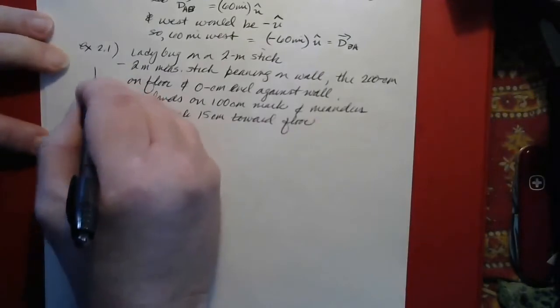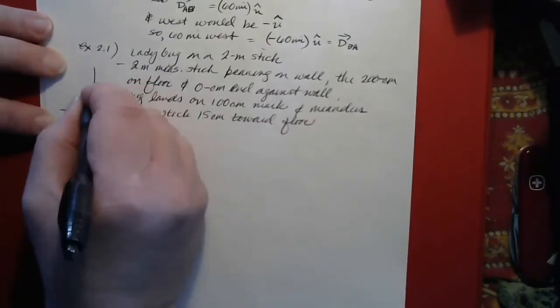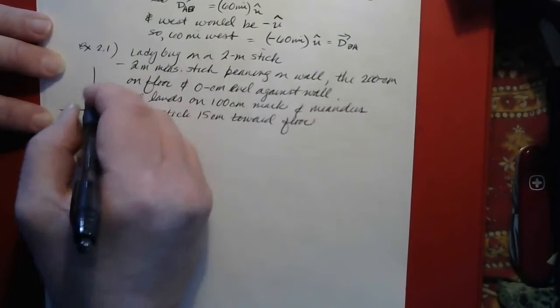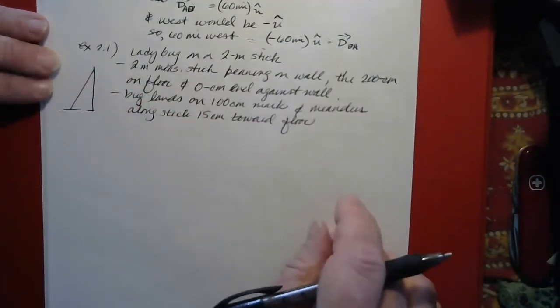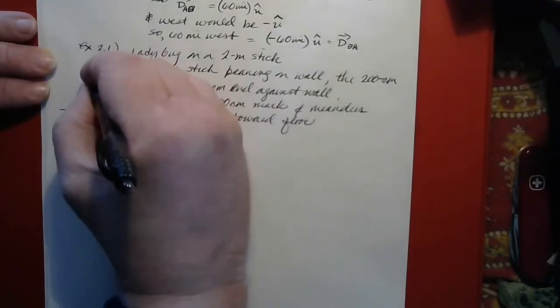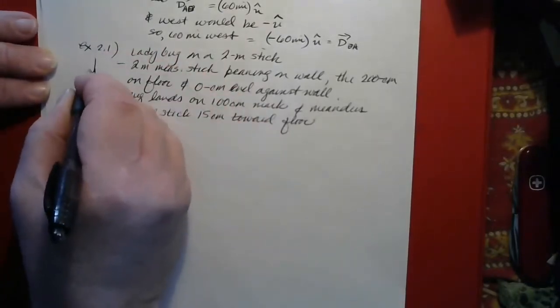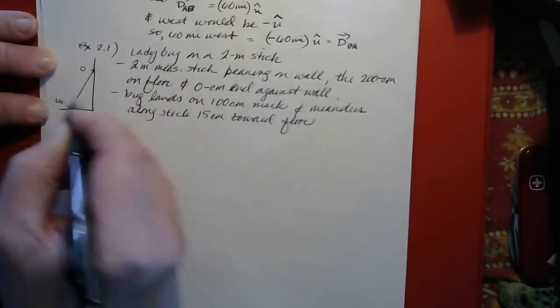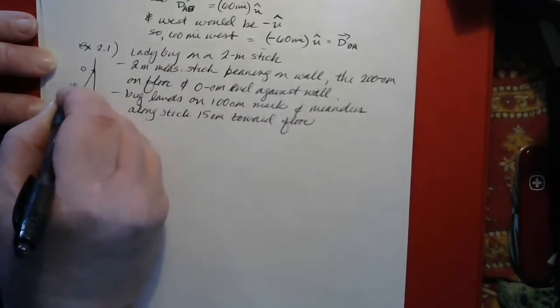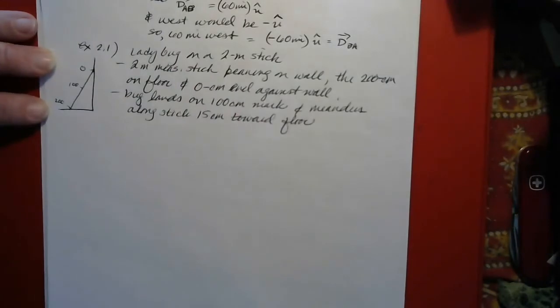So what we've got here is a wall and a floor. And the 2 meter stick is laying at an angle, kind of like that, with 0 centimeters there, 200 centimeters there, 100 centimeters about in the middle.